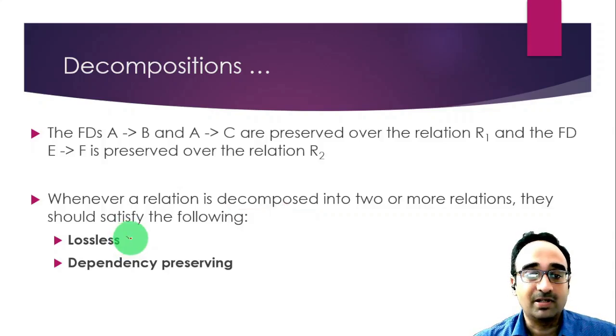The first property is that the decomposition should be lossless, and the second property is that the decomposition should be dependency preserving. We call them lossless decomposition and dependency preserving decomposition. So I am repeating again, whenever you decompose a large table into 2 or more tables, you should see that the decomposition is lossless and dependency preserving.